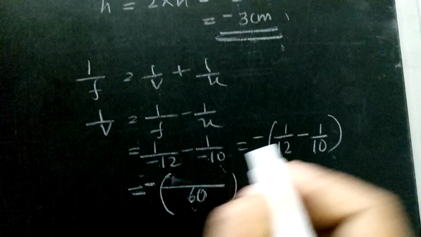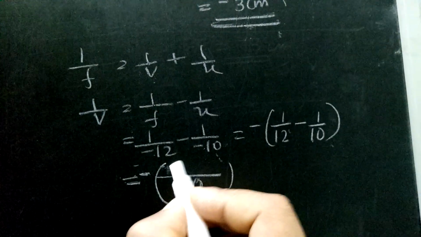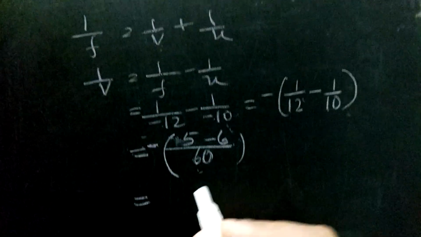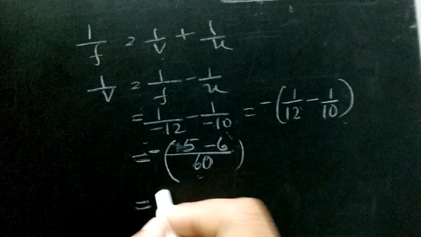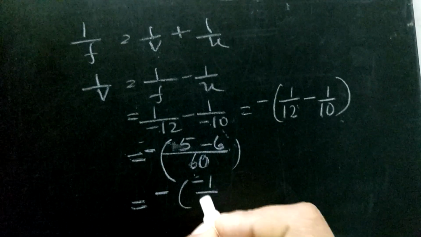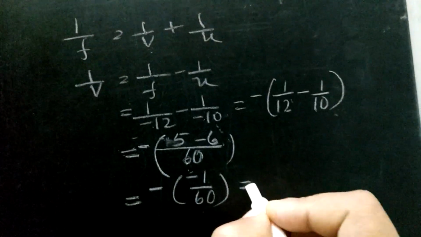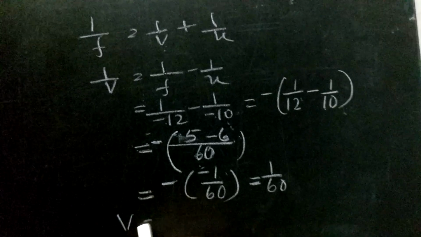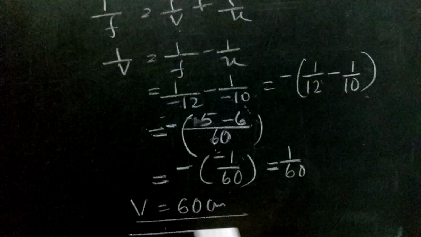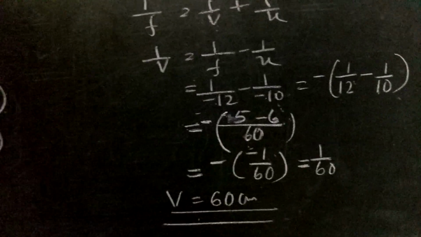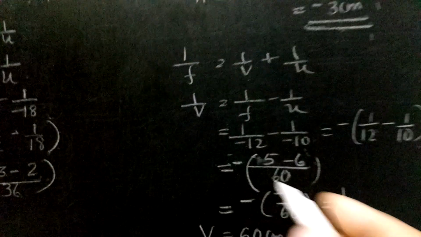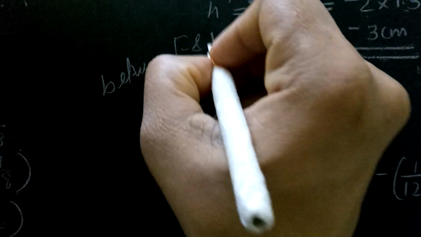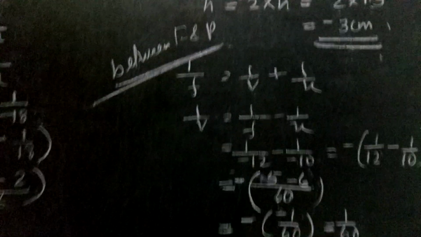So negative of 5 minus 6, which is negative 1. So negative of negative 1 by 60 is equal to positive 1 by 60. So v is equal to 60 centimeter. That means the image is formed at a distance of 60 centimeter on the other side.